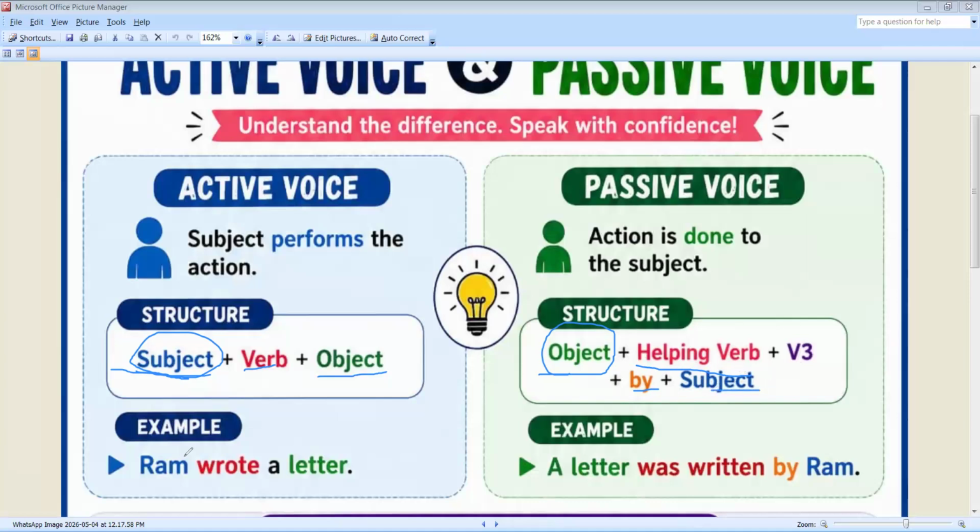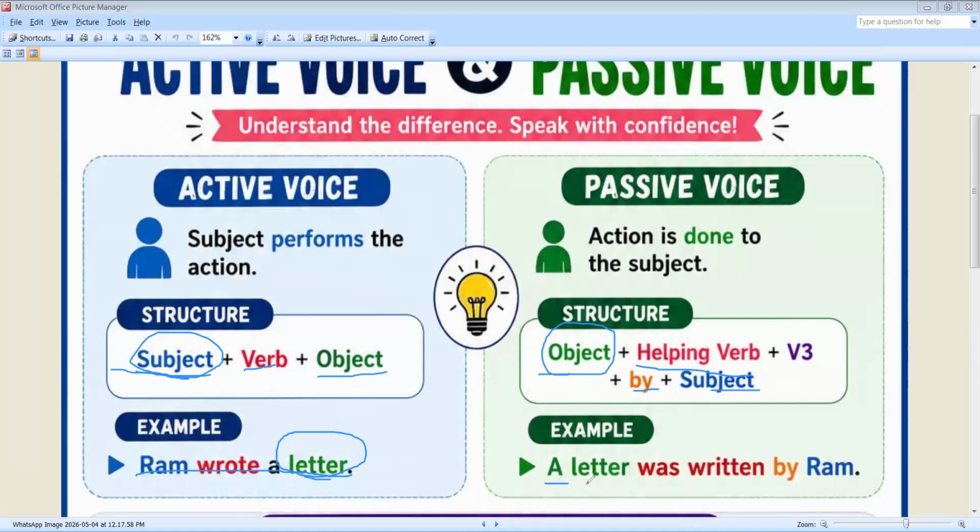For example, in active voice: Ram wrote a letter. Very simple. Ram is the subject, wrote is the verb, letter is the object. Whereas in passive voice, the letter must come first as the object.